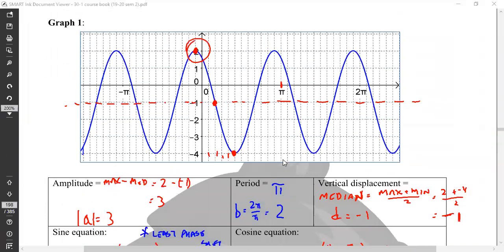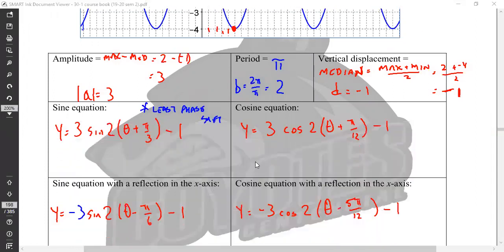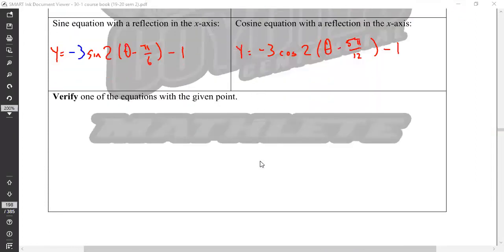The last part says, let's verify one of these equations with a given point. So if we want to verify, where's that point? It looks to be at pi over 6. So 2 pi twelfths, which is pi over 6, comma, -1.